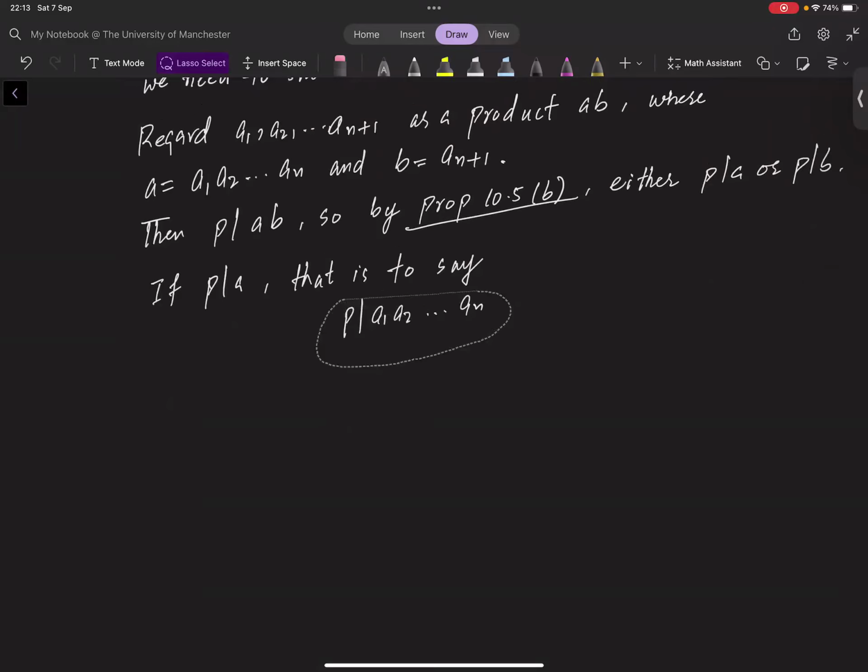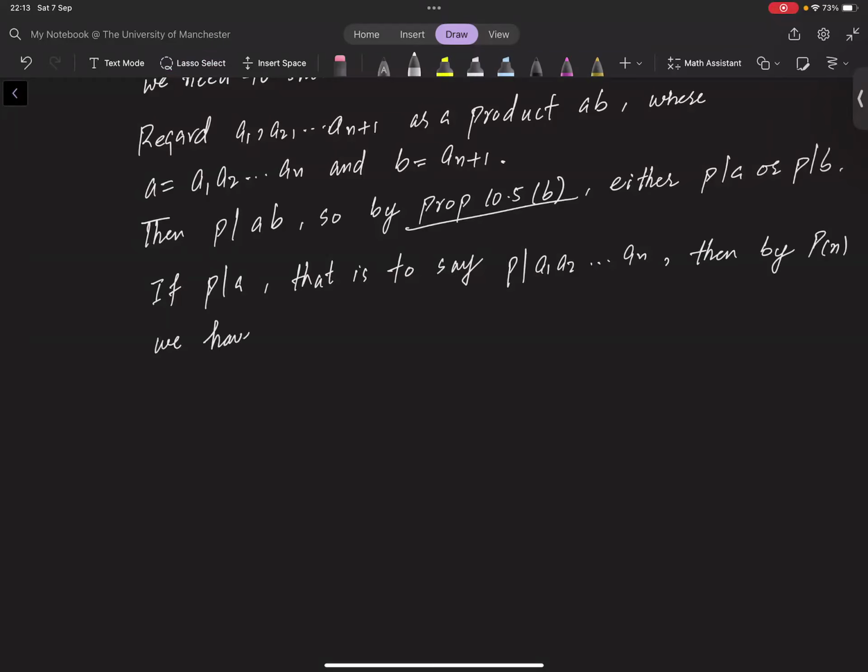Then by P of n, we have that P divides some AI for some I, because we have assumed that P of n is true.